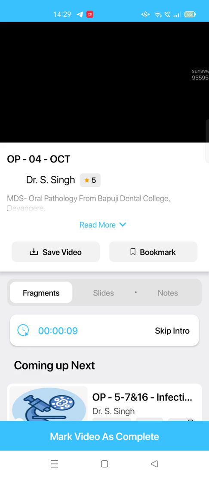Okay, so in either of these three types, the cystic lining is always attached at cemento enamel junction. This is the place where reduced enamel epithelium is attached. So the cystic lining in all these three variants will always be attached at CEJ. This is something characteristic for dentigerous cyst.